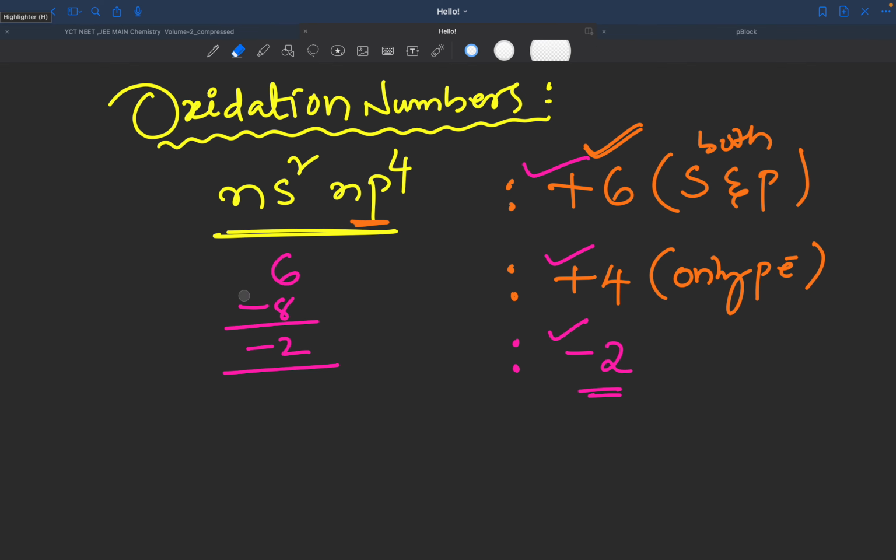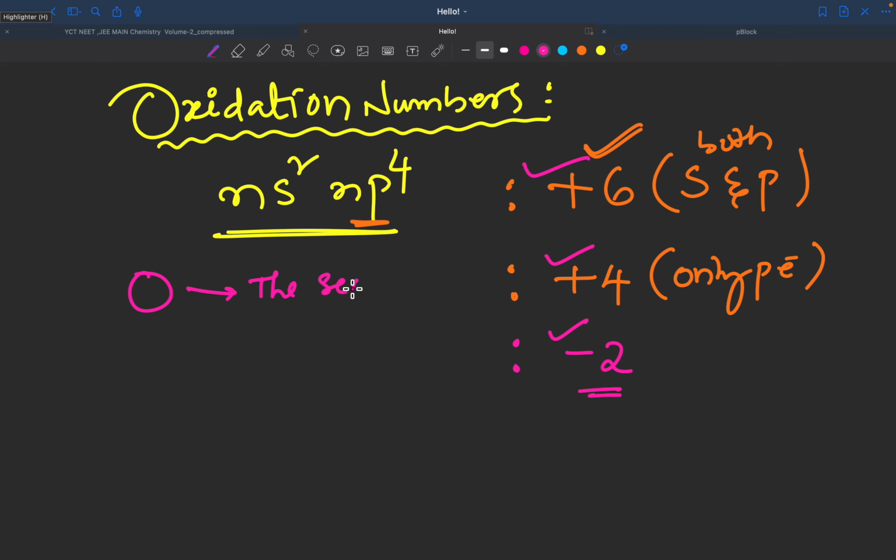Right. One more point to be noticed here. Oxygen is the second most electronegative element. The first most electronegative element is fluorine. So oxygen can exhibit a plus oxidation state only when it is with fluorines.